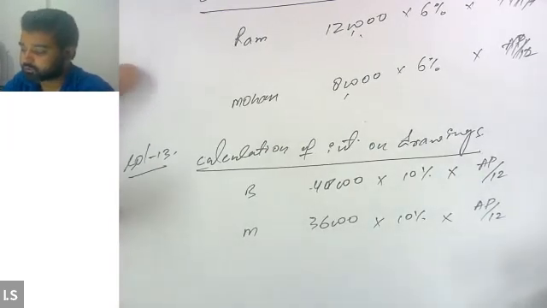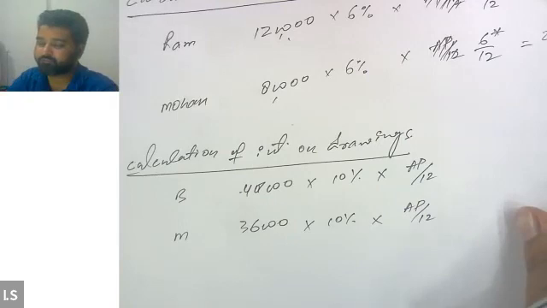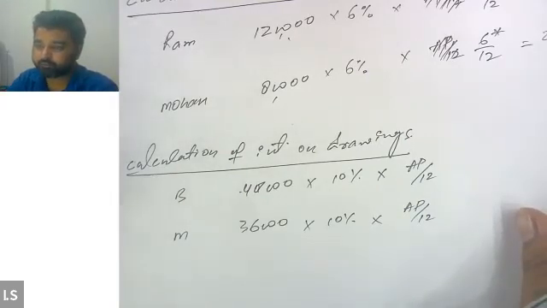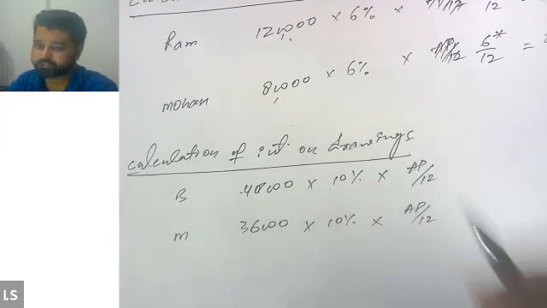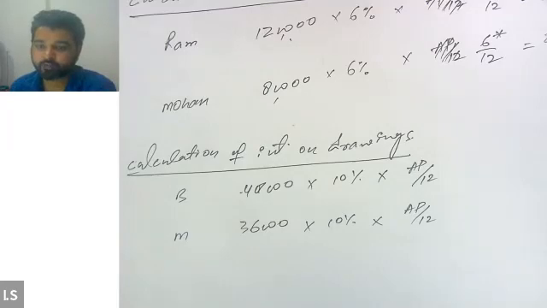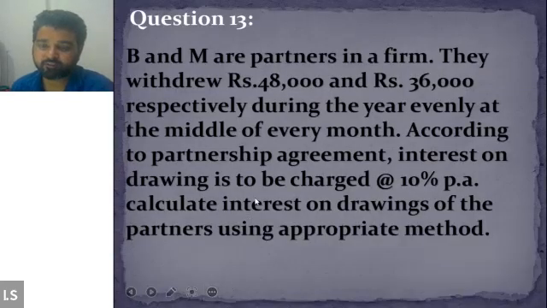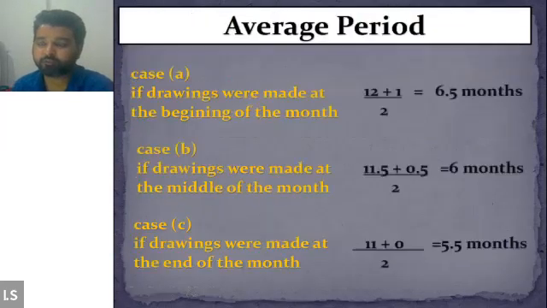Now, since the amount has been withdrawn at the middle of the month, every month, the average period in such a situation will be, as I've already told you, 6 months.